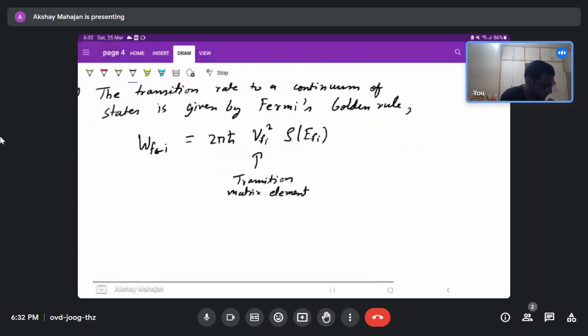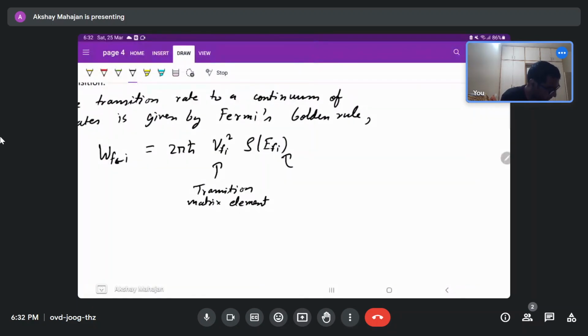And rho is basically the density of states, and the transition frequency.